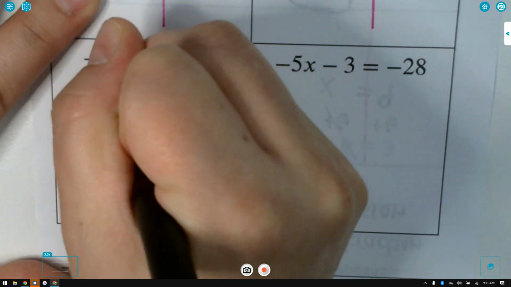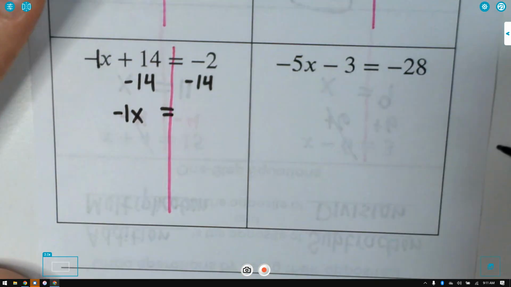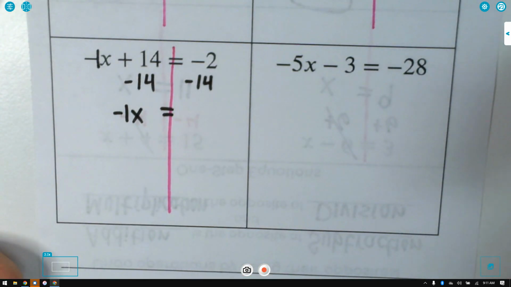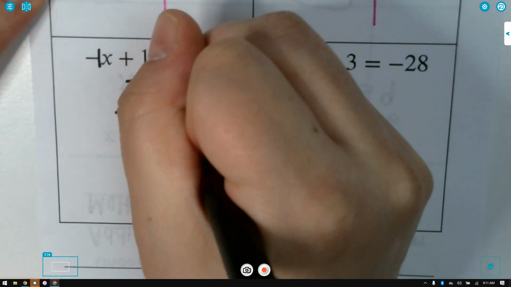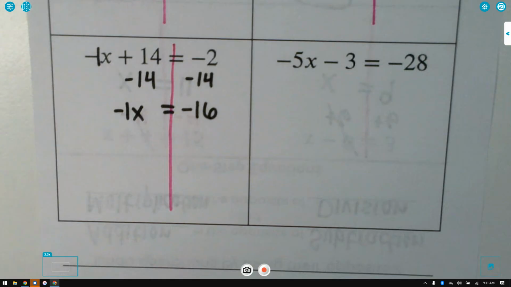I get negative 1x equals negative 2 minus 14 is negative 16. I take $2 away from you. I take another $14 away from you. Nothing positive has happened there. No way that's going to become positive. Now I can divide both sides by negative 1.